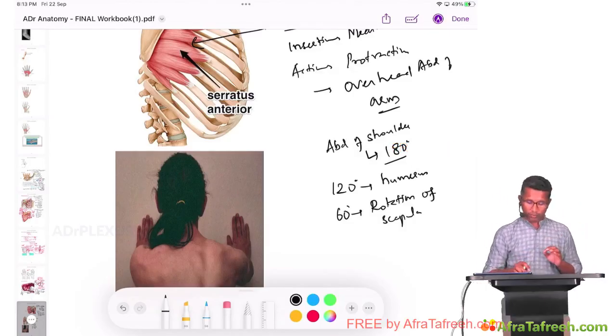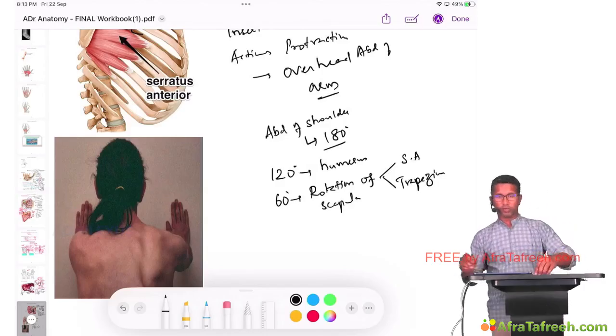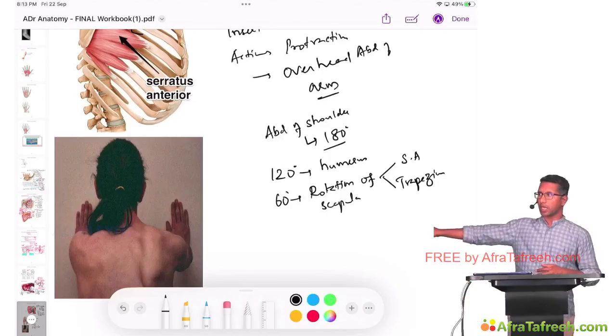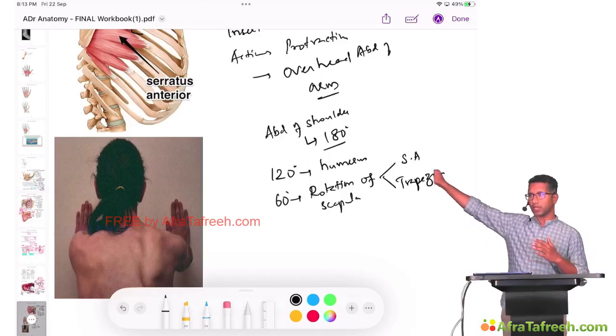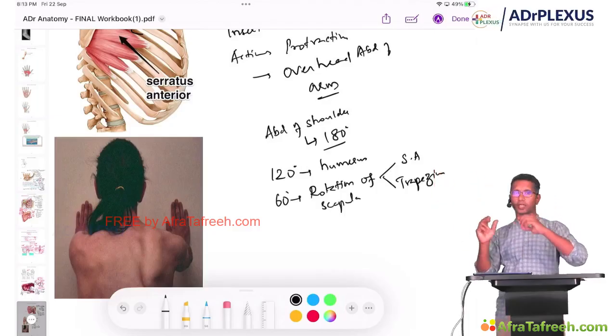So this scapula is rotated by two muscles. One is the serratus anterior muscle, another is the trapezius muscle. So please remember, guys, when you abduct your shoulder, up to 90 degrees your deltoid will act. After 90 degrees, the deltoid will not have much function, and the scapula starts to rotate.